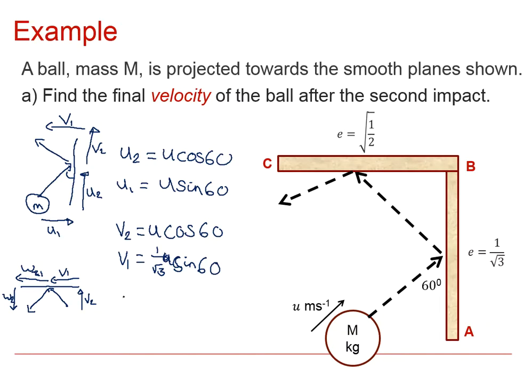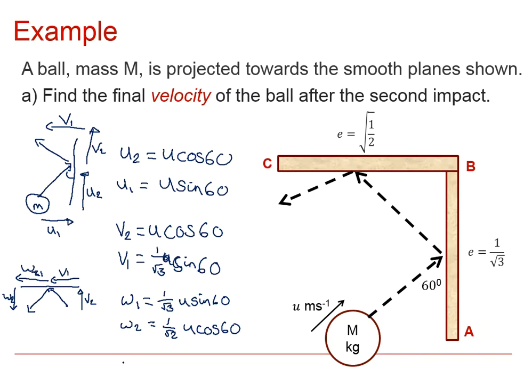Okay, so W1 is unchanged because that is parallel to the plane now. So that is 1 over root 3 U sin 60. And W2 is going to be V2 multiplied by the coefficient of restitution here. So that's 1 over root 2 U cos 60.